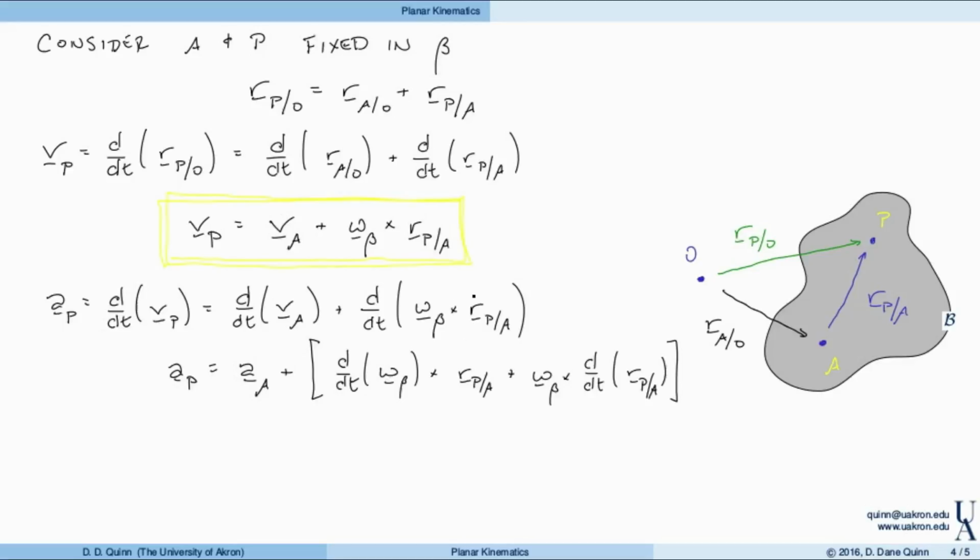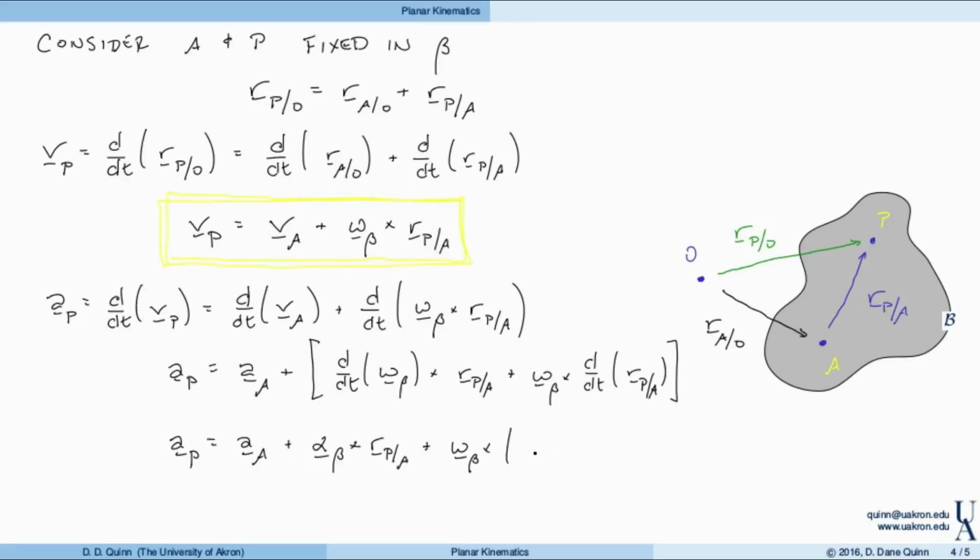Now we can simplify this, and we see that the acceleration of P is the acceleration of A plus this stuff. The change in angular velocity is just the angular acceleration, so we have alpha of the object cross r_P with respect to A, and then omega cross this term. We've already done that. We saw it before when we evaluated the change in r_PA, and it was omega cross r.